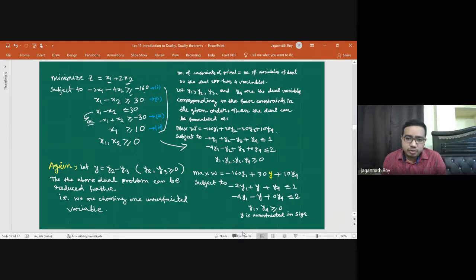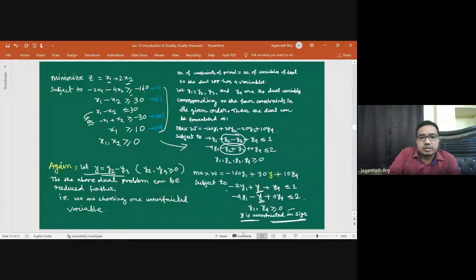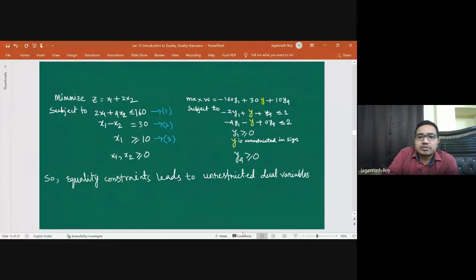Once we write all the variables, we can see that y2 minus y3 is common, so we can substitute y. We can write it as an unrestricted variable, so y is an unrestricted variable. This is coming because we have one equality constraint.